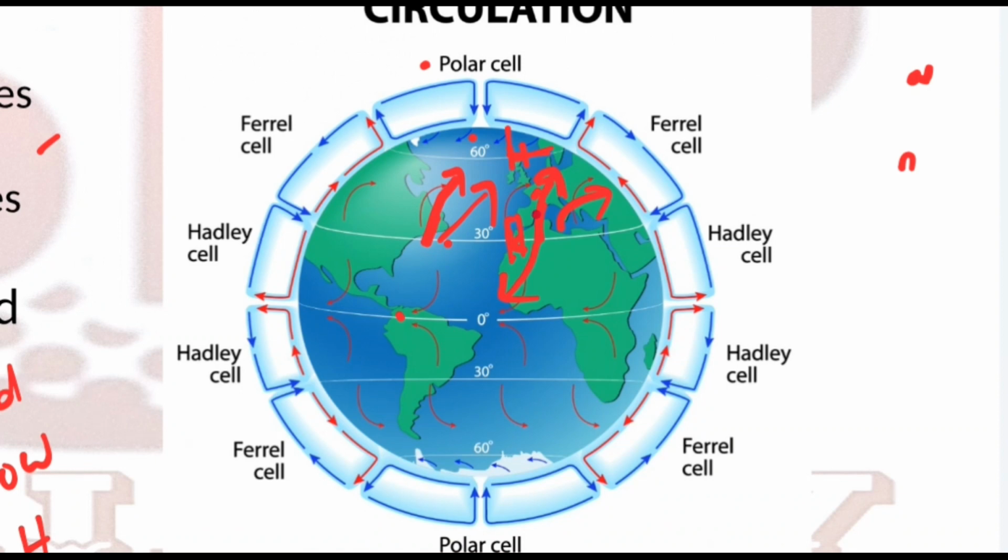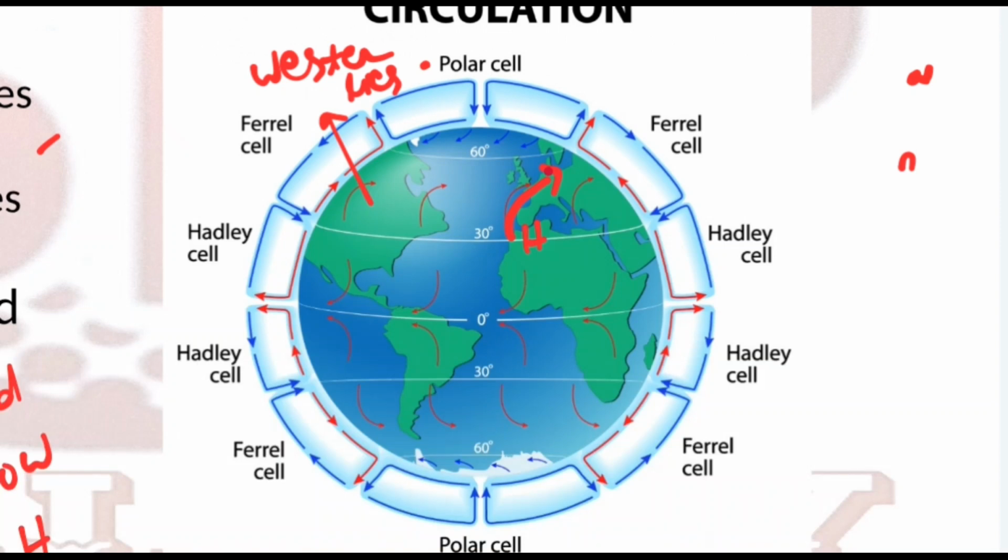The deflection will be more. That is why they will flow towards the west. That is called your westerlies. Because the Coriolis effect is more here, they move towards the west.